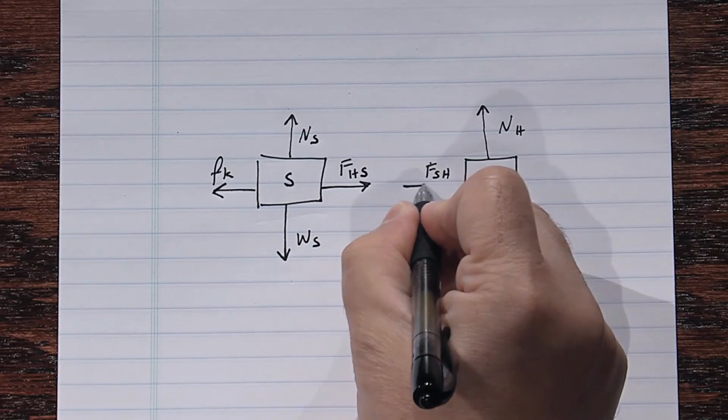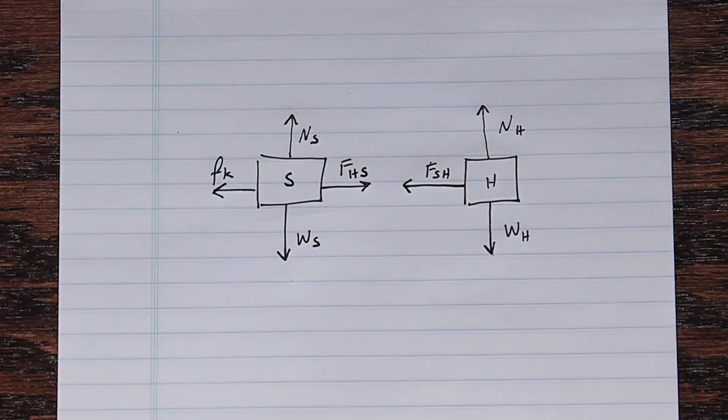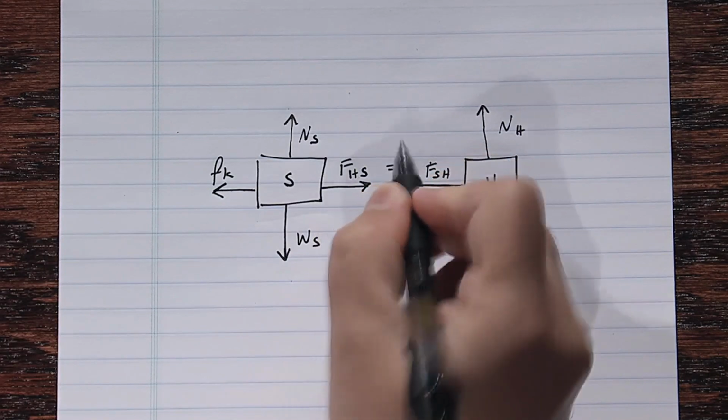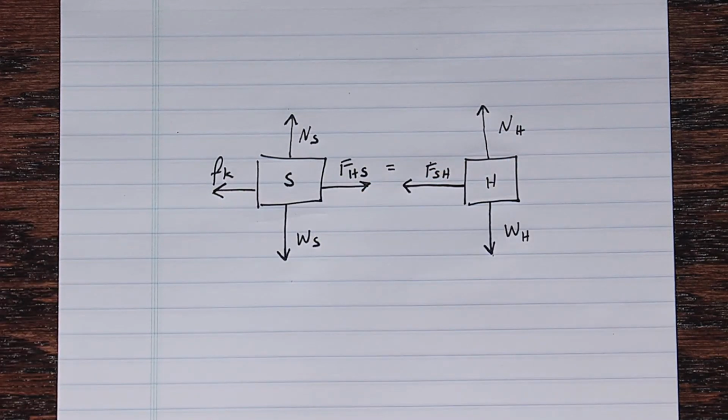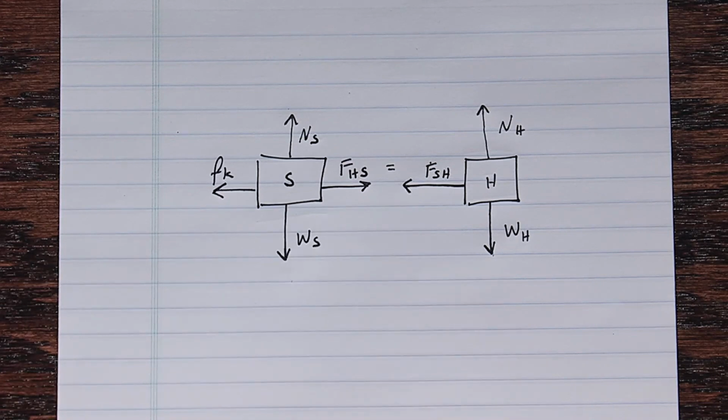So the force of the sleigh on the horse is pointing back towards the sleigh. And we know furthermore that these two forces are equal in magnitude. So the force of the horse on the sleigh is equal in magnitude to the force of the sleigh on the horse. They have the same amount of force, but they're opposite in direction, as I've drawn these two arrows in opposite directions.